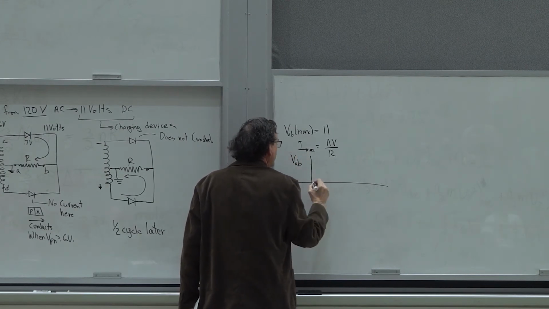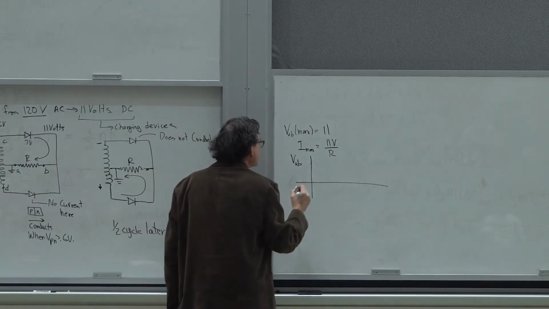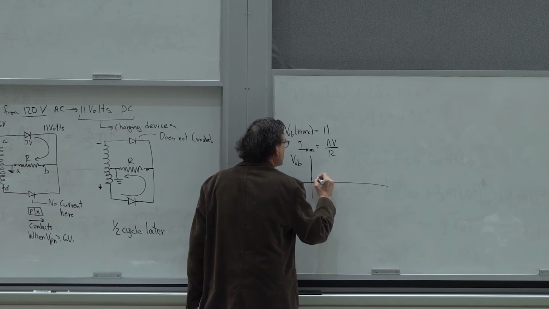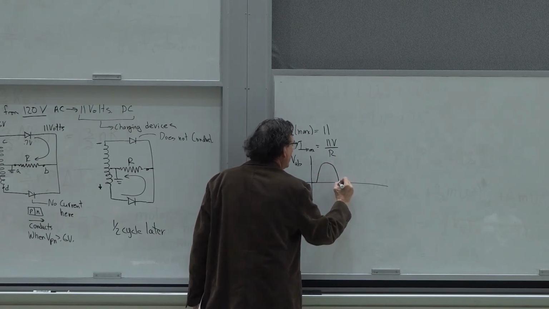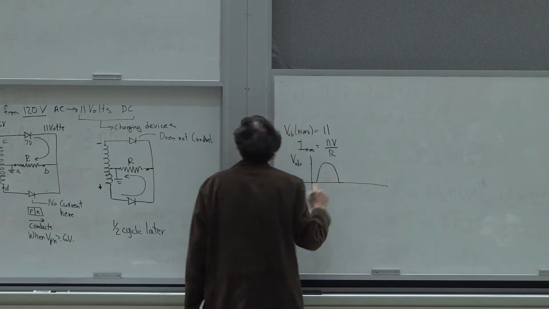From 0 to 0.7, there's no current coming out at all, so it stays relatively flat. Then it comes up to its peak value, and comes back down when it drops below 0.7 on the sine wave.